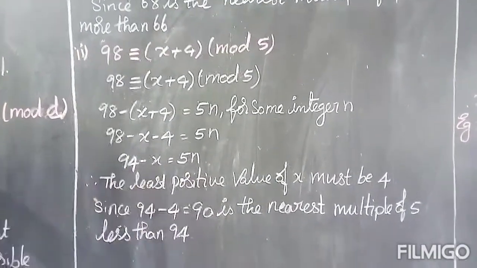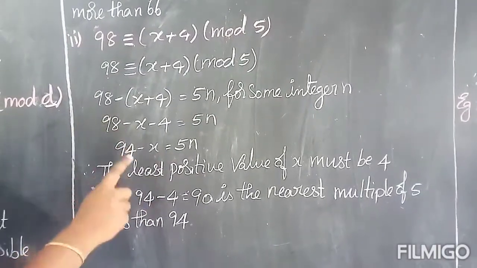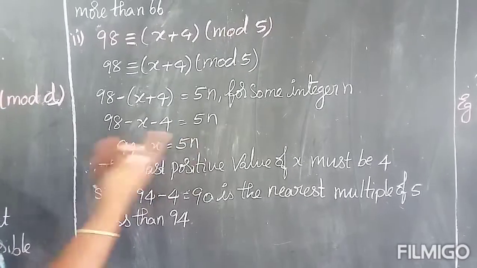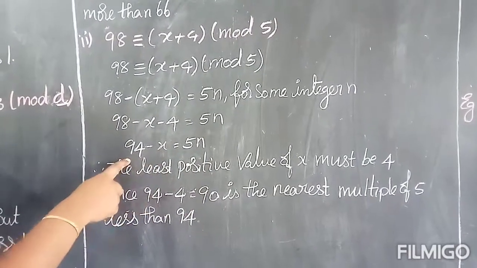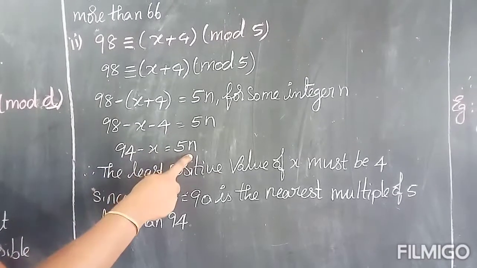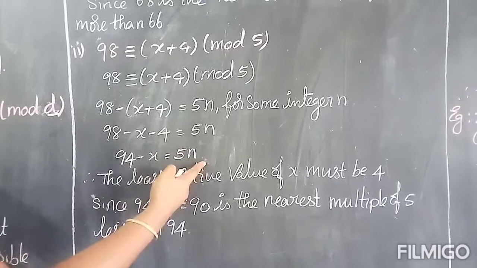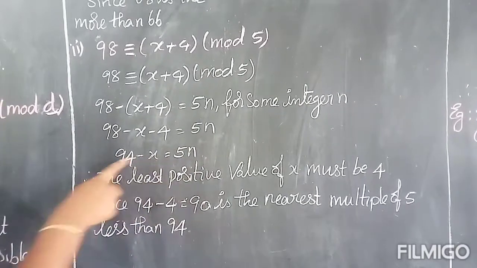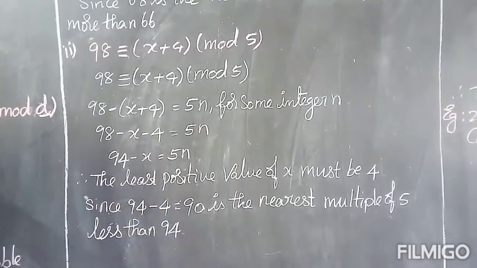So you have to check the least positive value for x. If you put 1, positive values only you have to put, you get 93. 93 is not divisible by 5. If you put 2, you will get 92. 92 is also not divisible by 5. If you put 3, you will get 91. It is also not divisible. If you put 4 now, 94 minus 4 will get 90, which is divisible by 5.